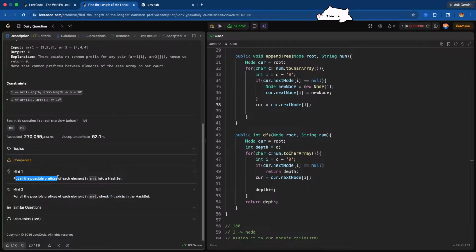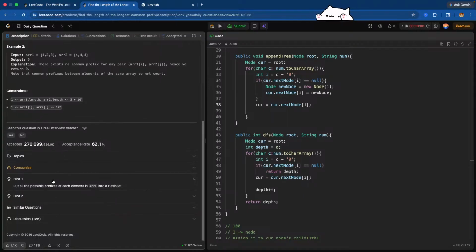Put all the possible prefixes of each element in arr1 in a hash set, then for all possible prefixes of elements in arr2, check if each is in the hash set.